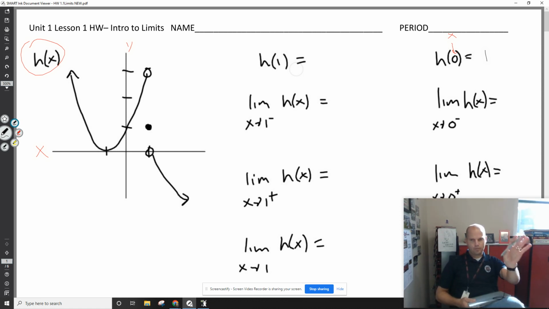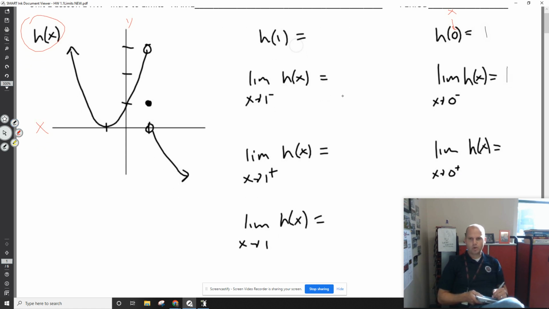Okay? Now, this is an easy point because there's nothing crazy going on here. We just have the point, and to the left and to the right of 0. So this reads, what's the limit as x approaches 0 from the left? To the left of 0, I'm still going to be getting really, really close to this y coordinate of 1. As I get closer and closer to 0, I'm getting closer and closer to the y coordinate of 1.